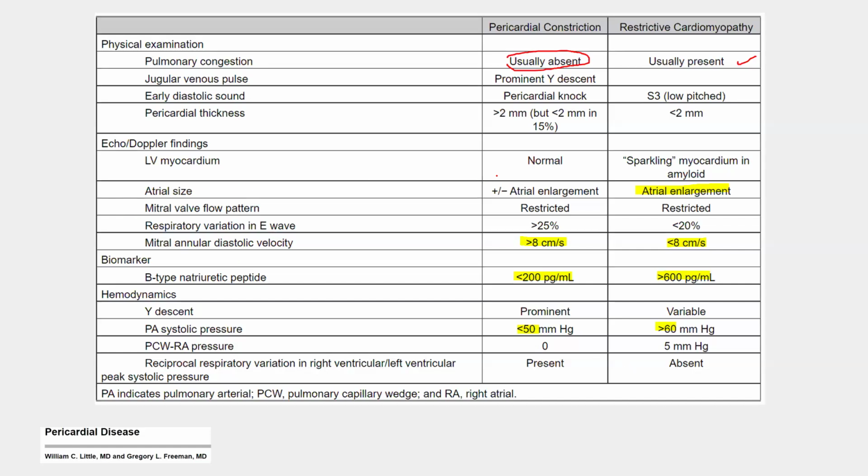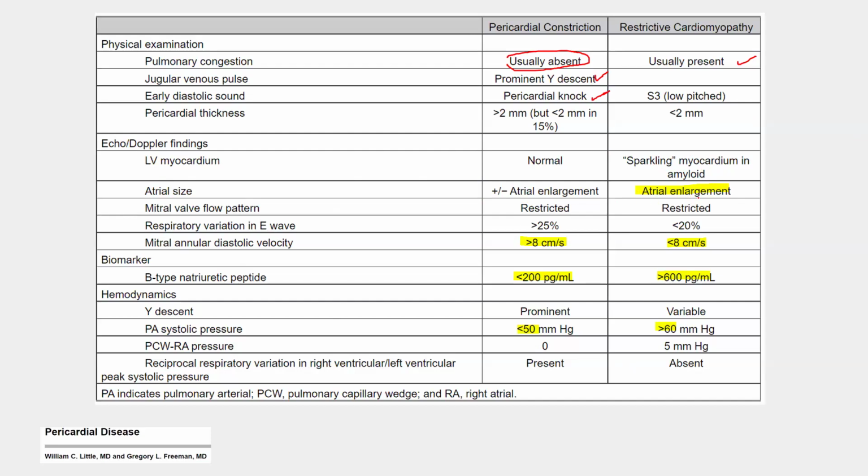In the JVP, you are going to demonstrate a prominent Y descent in constriction, and pericardial knock. Okay? Now, when we come to the texture of the myocardium, it is going to be normal in pericardial, while in restrictive it might be sparkling or a different kind of texture, hypertrophy, stuff like that. Atrial size is larger in restrictive than in constrictive. Okay?